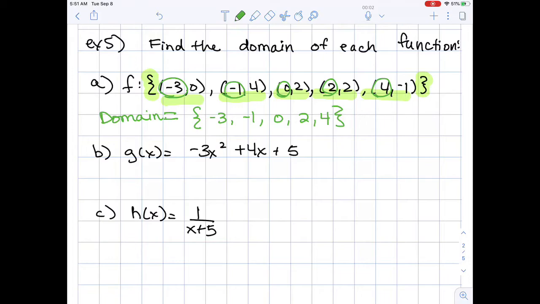Okay. What about this set? G of x equals -3x squared plus 4x plus 5. So G of x here is a function, and we want to know what the domain is. Another way to think of the domain is, we're looking for what the values of x can be.